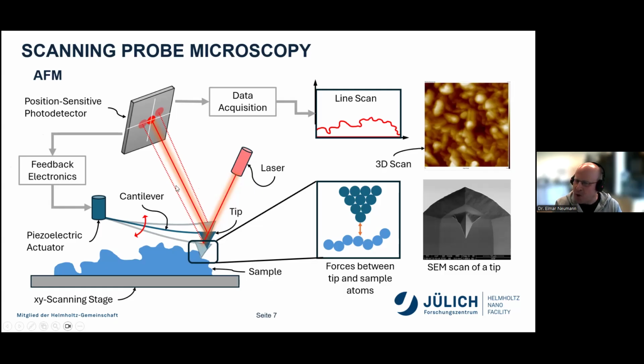with a photosensitive detector. With the help of a feedback mechanism, the machine tries to keep the distance between the tip and your sample constant, and the deviation, or the effort of this, will be recorded as a function of your position on the surface, so that you can get either a line scan, or you can get information about the height.